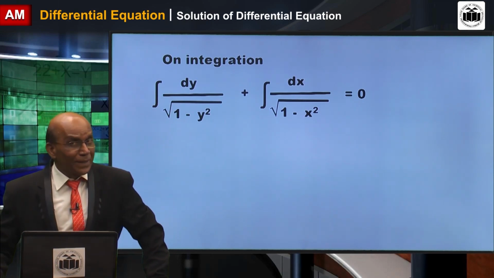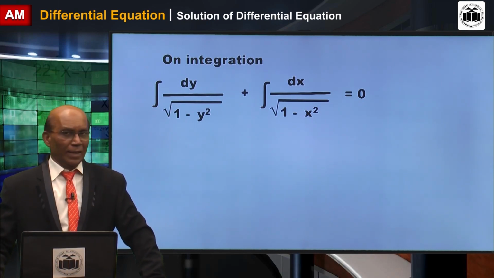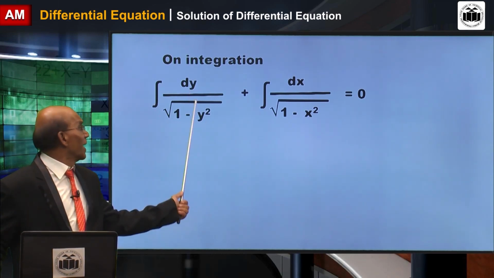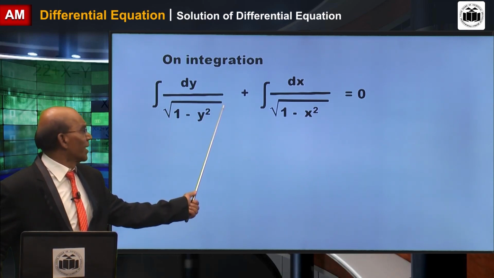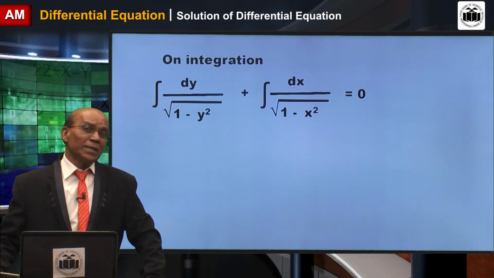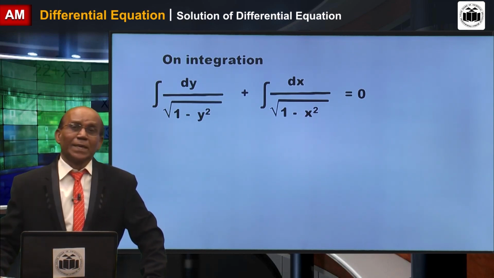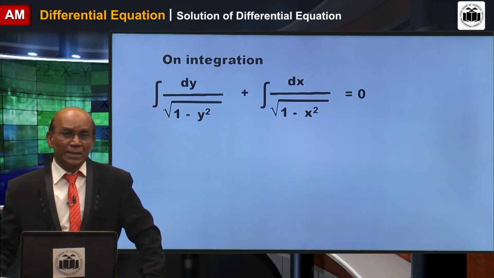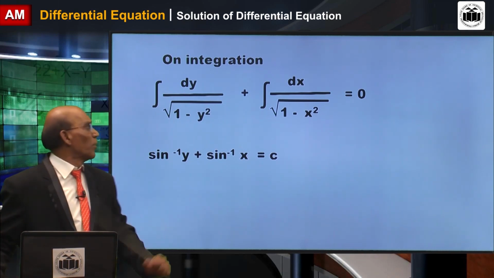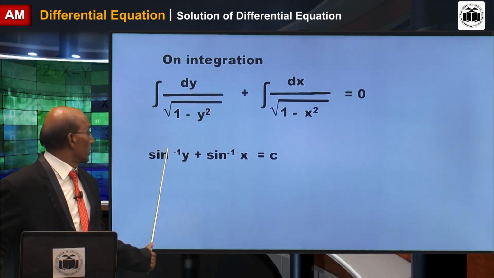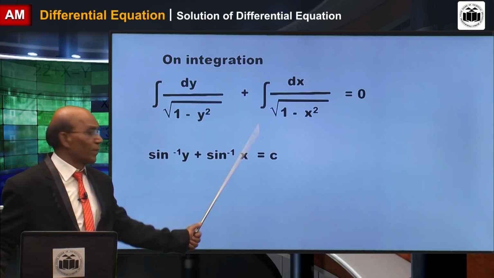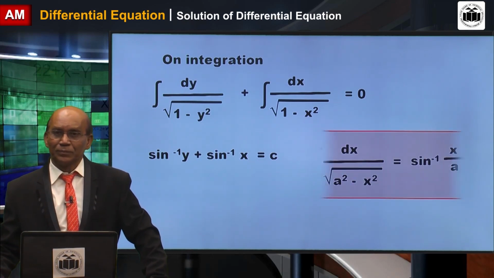Once we separate the variables, the next step is integration. On integration, we get the integral of dy upon root of 1 minus y square plus the integral of dx upon root of 1 minus x square equals 0. Again we come to one of the standard forms given in your topic of integration: the integral of dy upon root of 1 minus y square is sine inverse y, and the integral of dx upon root of 1 minus x square is sine inverse x, equals c.